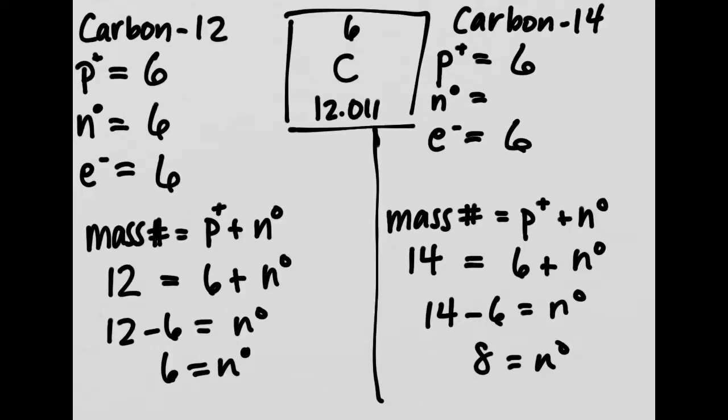So what I really want you to remember when you're dealing with isotopes of something is that it's the number of neutrons that's different. In the case of carbon-12, I'm going to have 6 neutrons, and in the case of carbon-14, I have 8, which means carbon-14 is just a little bit heavier than carbon-12.